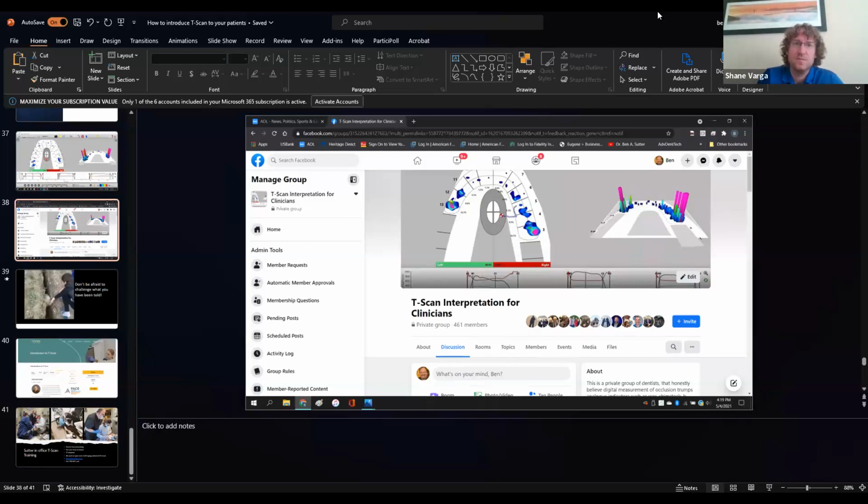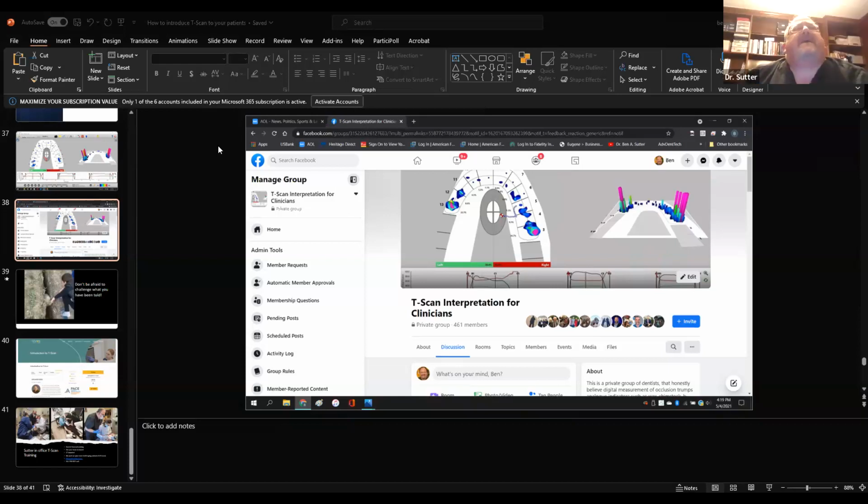One last question: if you have someone that's looking to use T-scan more in practice, maybe they're just using it on full mouth cases or implant full mouth cases, but want to start using it more, how would you tell someone to get started with implementing T-scan further into their practice? Well, I would start using T-scan on, like I said, all of your implants.